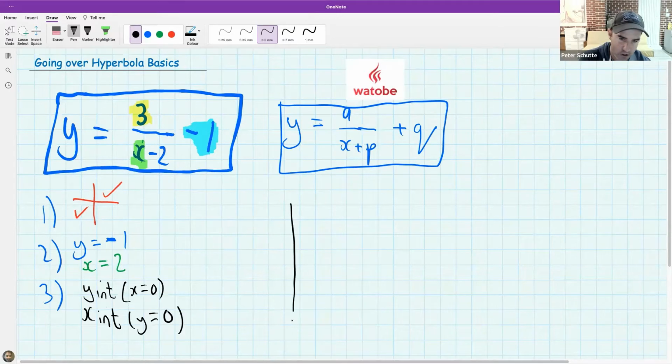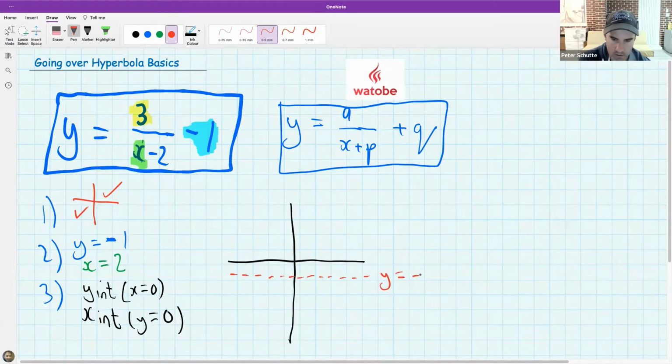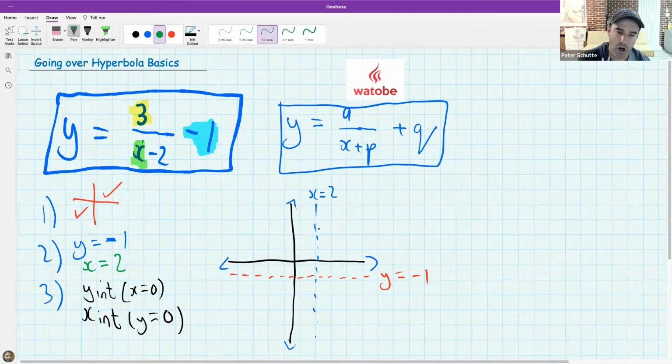So when I draw this hyperbola, I know roughly what quadrants I'm in, but then I start by anchoring in my asymptotes, and then x is 2, like this. I'm assuming this is what you did in the last lesson. Now my hyperbola is going to have a branch in quadrant 3 over there, and a branch in quadrant 1 over there.